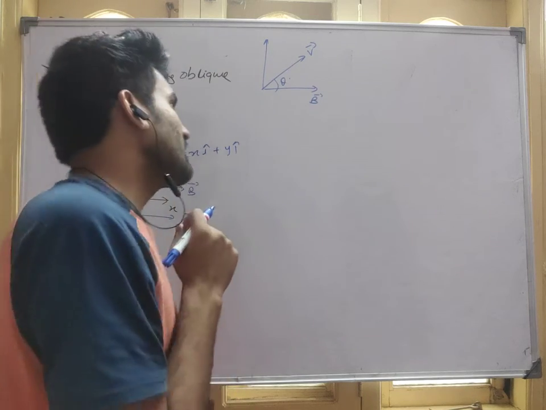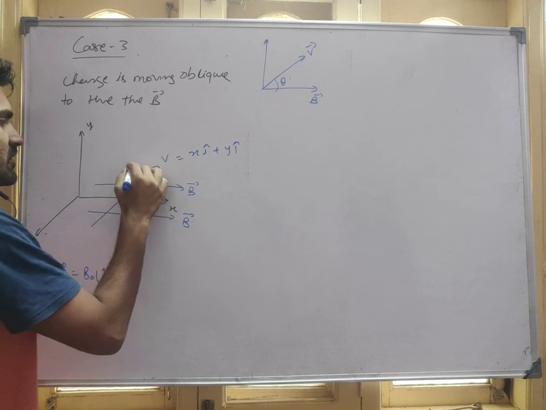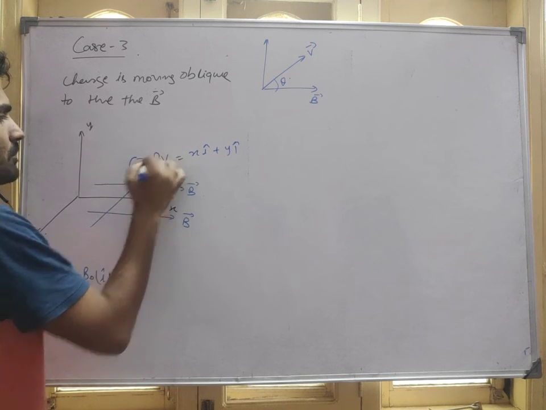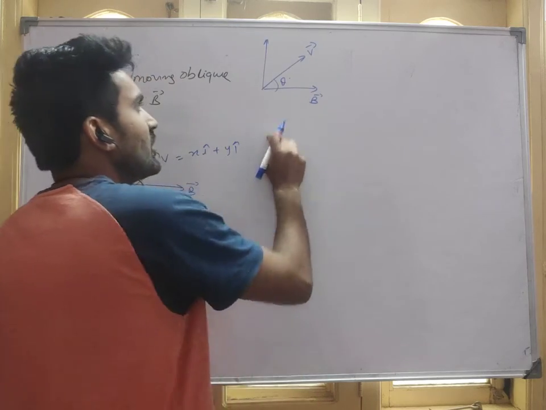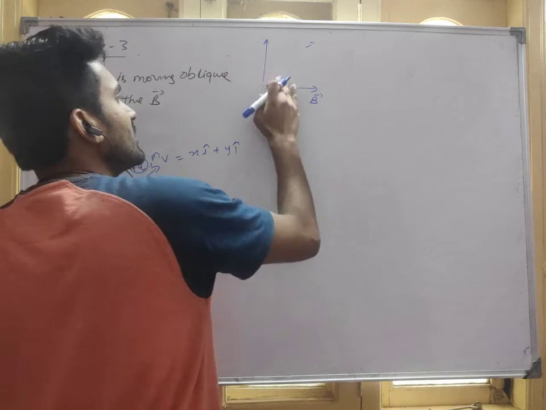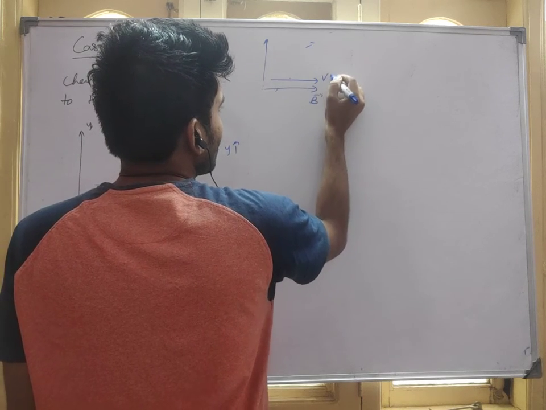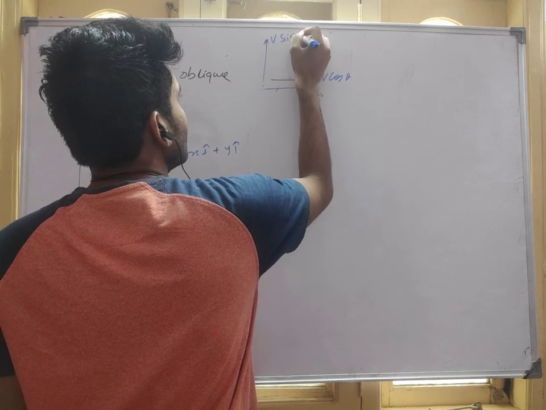But here, this particular charge has two velocity components. Let's say it is a plus q charge having a mass m. This velocity will have two components: one is v cos theta, and one is v sin theta.